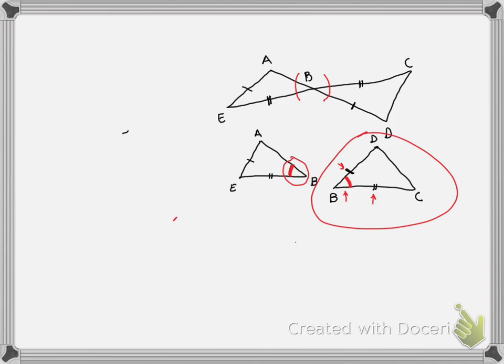In order for that to be SAS, angle E would have to be congruent to angle B, and that is not the case. So you cannot prove that those triangles are congruent because neither one of the postulates apply.